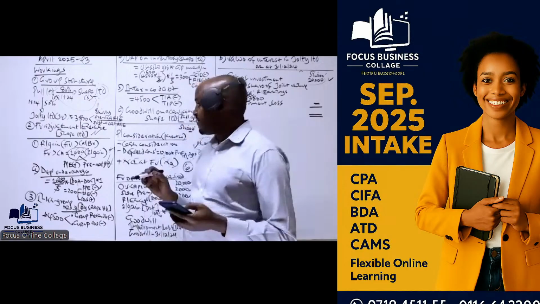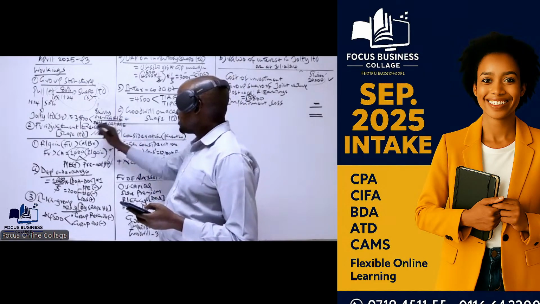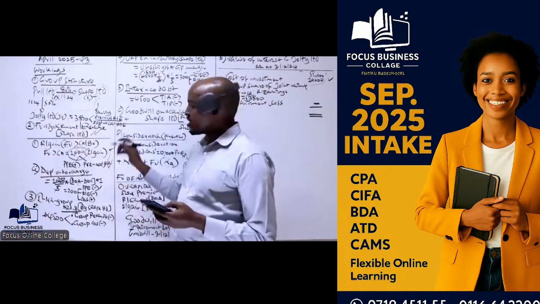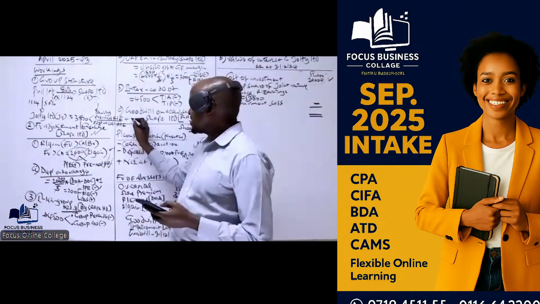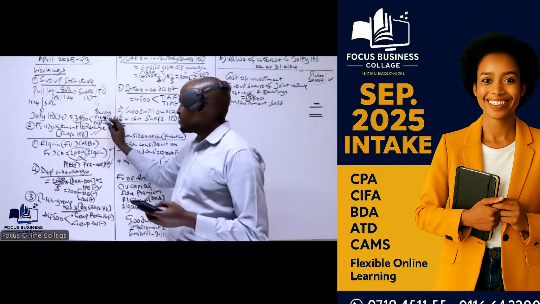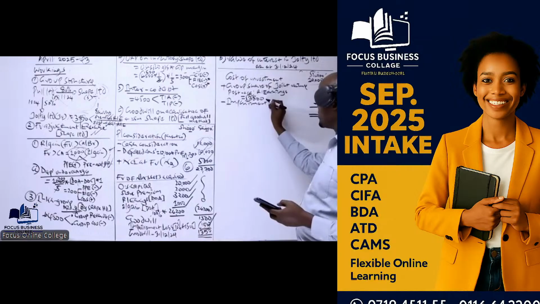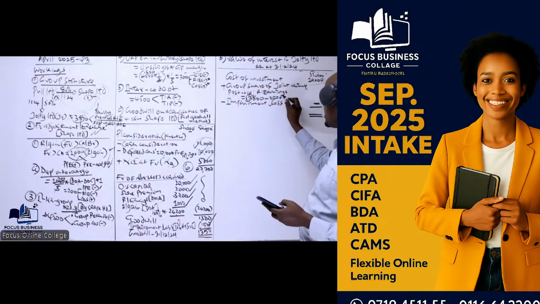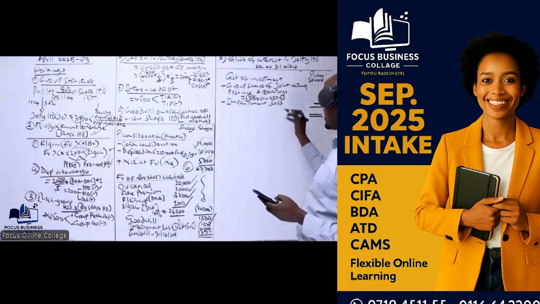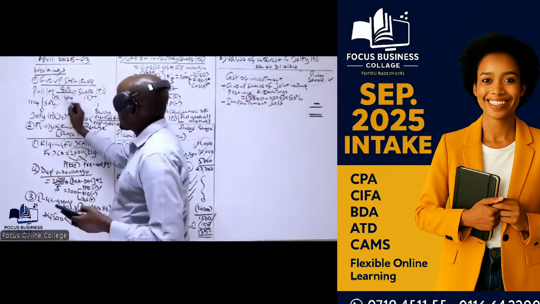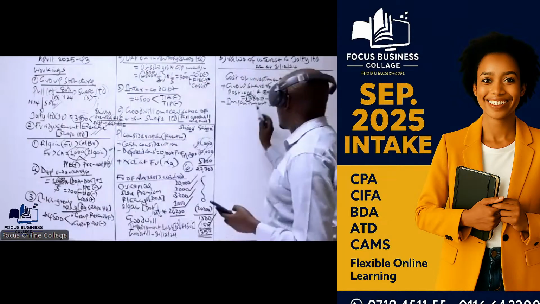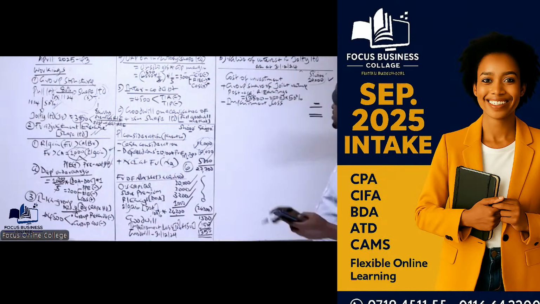So that 2.5 is the pre-acquisition. This 38 comprises the pre and the post, so we less the pre, 2.5, and we are left with the post. Then we get the parent company share of that, which is 50%. So we take this minus this, which gives us 13.